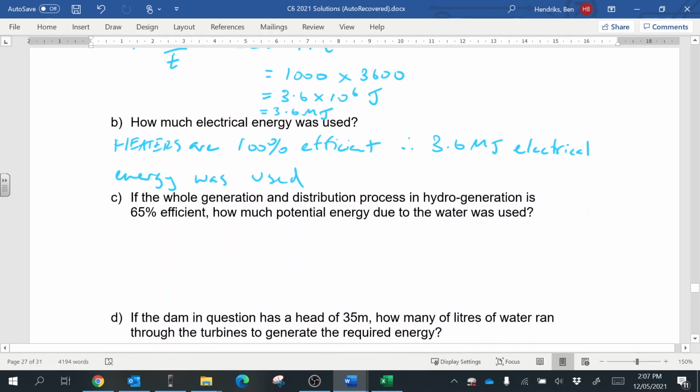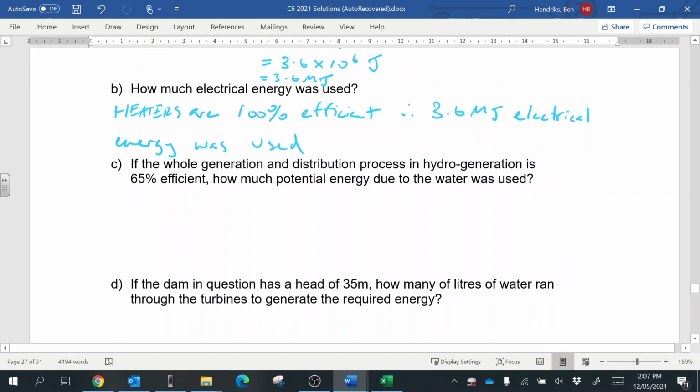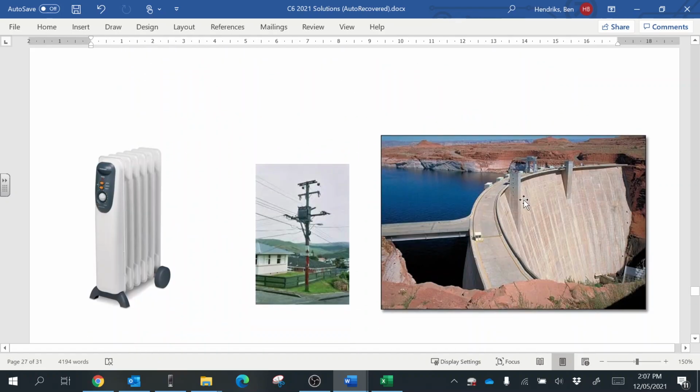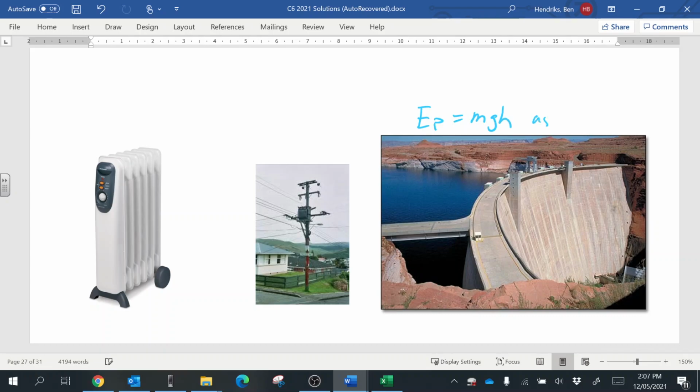If the whole generation and distribution process in hydro generation is 65% efficient, how much potential energy due to the water was used? Okay, so just a quick note, we've got a little picture of a dam down here. If you're not sure about the hydroelectric process, essentially what happens is the water has a potential energy, it's up very high, so water has an EP equal to mgh, and as h becomes less, goes towards zero, we convert that energy into electrical energy.